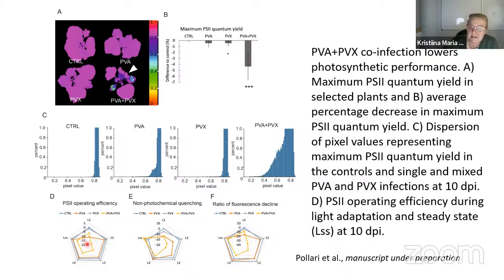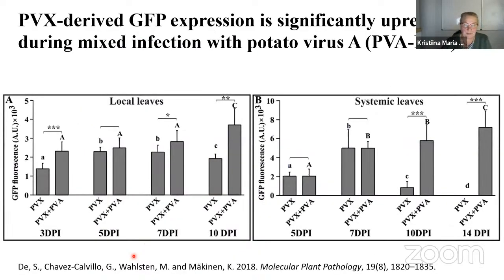Especially we see this operating efficiency is reduced during the light adaptation of these plants. So there are clearly a lot of problems in the photosynthetic apparatus of the plants that are mixedly infected.